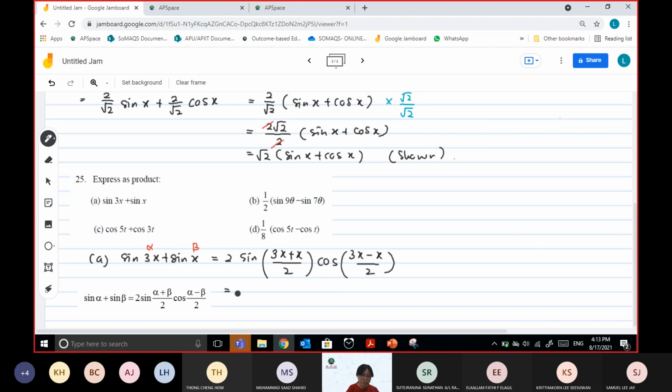I demonstrate one for you, then the rest I want you to show me. 2 sine, then 4x over 2, so it's 2x. Then 3x minus x is 2x divided by 2, so it's x. So 2 sine 2x, then cos x.